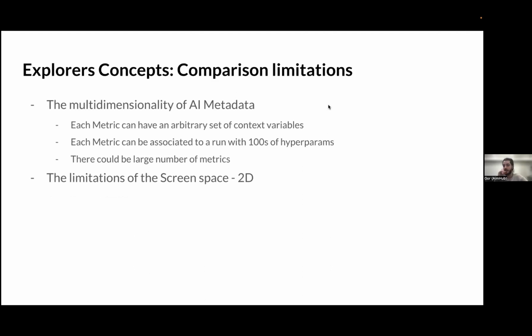Explorers concept, comparison, limitations. The multidimensionality of AI metadata. AI metadata is inherently multidimensional, which means that each tracked run or each tracked sequence, such as a metric or image sequence, might have large amounts of dimensions attached to it. Think about learning rate, batch size, dataset metadata, or even the context subset of the metadata, like whether it was generated from a training loop or validation loop.